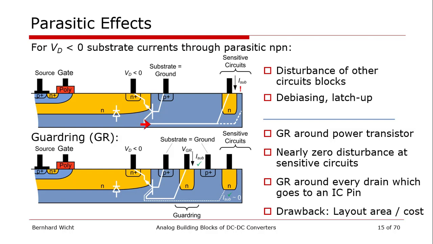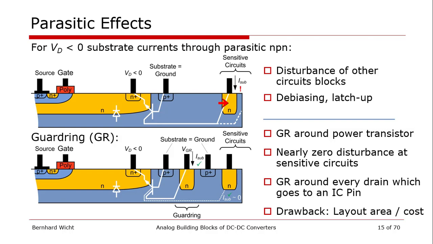And any other N area which is nearby, that forms the collector. And so you see already what's happening. There is some current pulled out of that N area here, and if this is a sensitive circuit, we may get at least some disturbance. It may even cause some debiasing, substrate debiasing, or in the extreme case, this may even lead to latch up.